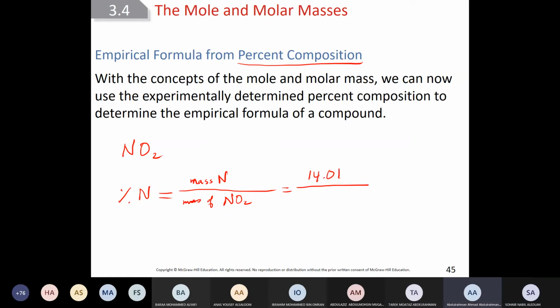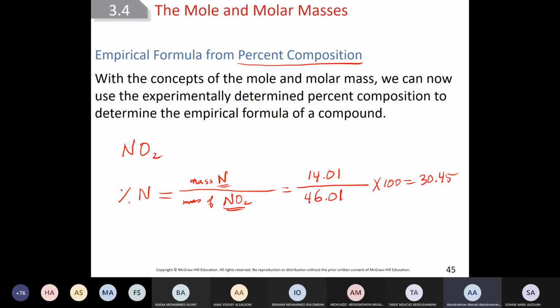What's the mass of NO2? 46.01. Go to the periodic table and find the mass. And then I should multiply this by what? 100, to give me the percentage. What's the percentage? 30.45. So that's how you find the percentage.